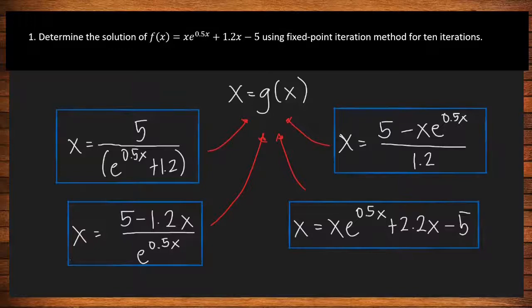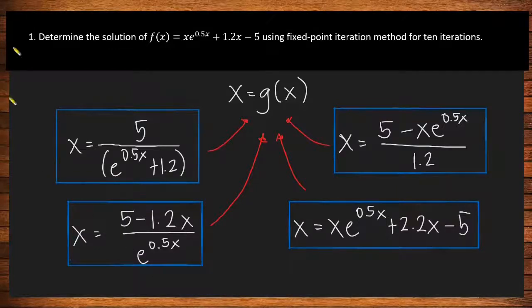So if the iteration formula gives predictions that diverge from the true solution, then try to rewrite x equal to g of x in another form. In short, kahit saan dito yung pwede nating gamitan na equation. But take note that some of these forms might give us values that diverge away from our true solution. Okay, so just keep that in mind.